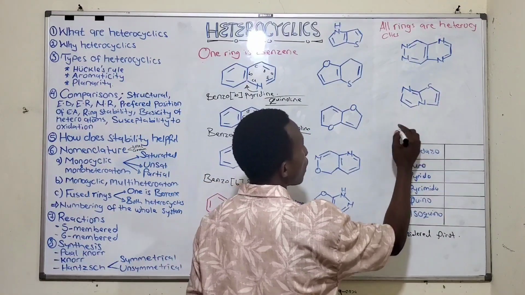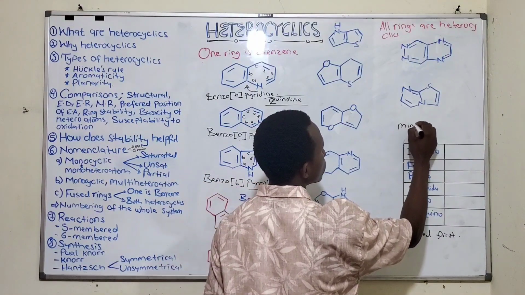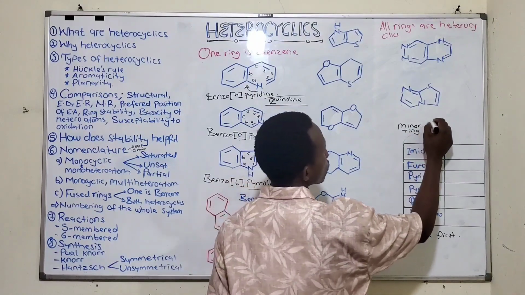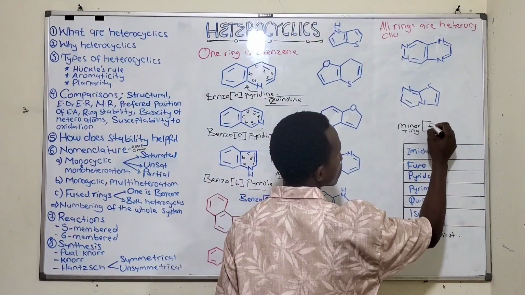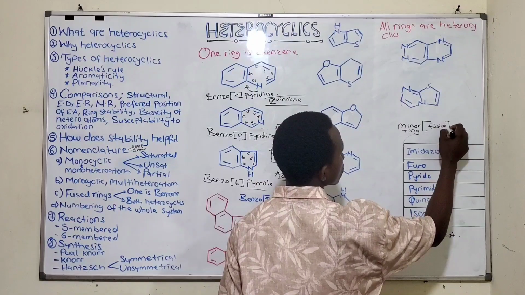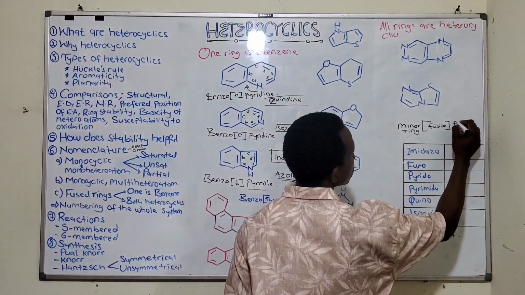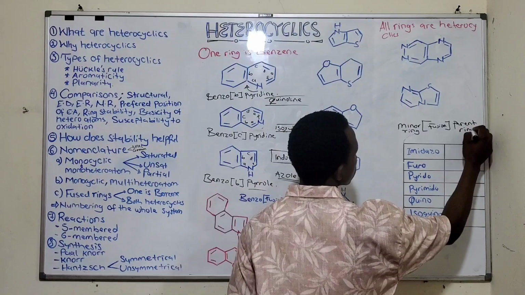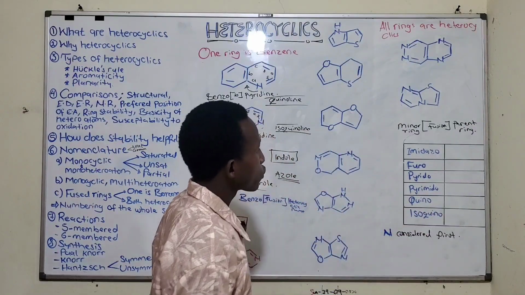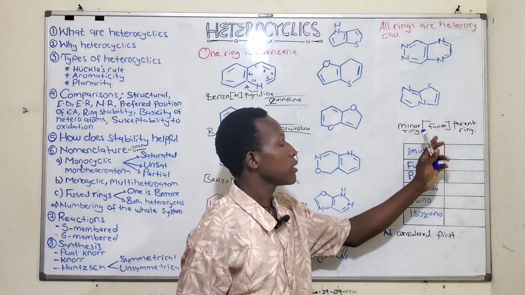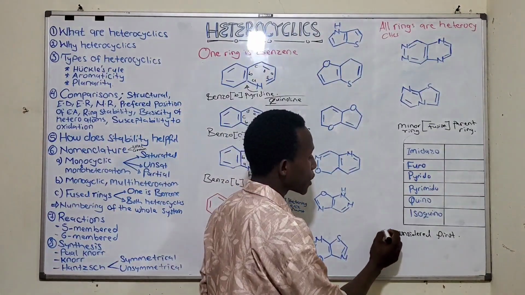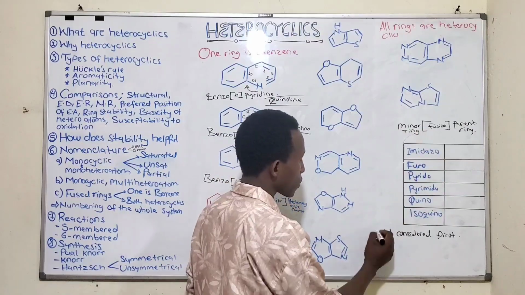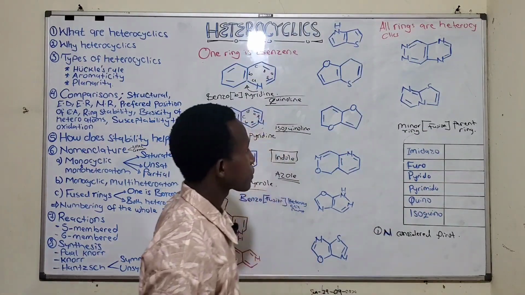We have a minor ring, then you put the point of fusion, then you name the parent ring or the major ring. But to choose the ring, first you consider, if you have a ring containing nitrogen, it is considered the parent ring. That's one of the rules.